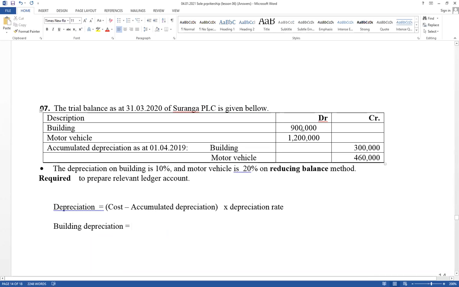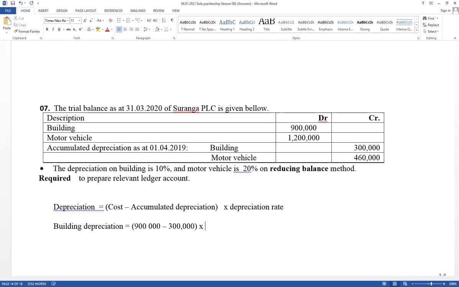Building cost value equals 900,000 and accumulated depreciation equals 300,000. Therefore, cost value 900,000 minus accumulated depreciation 300,000 into percentage. It has given the percentage, 10% for building.